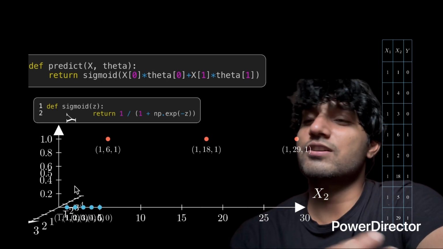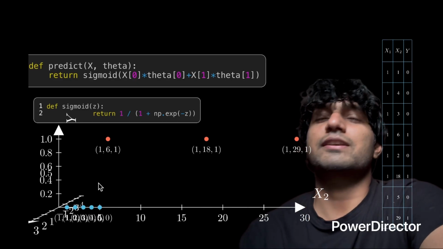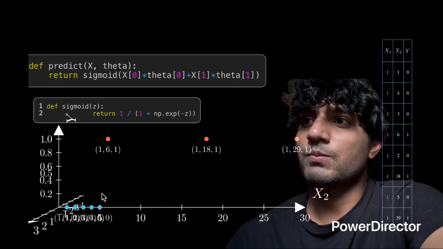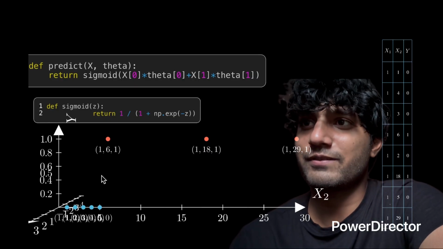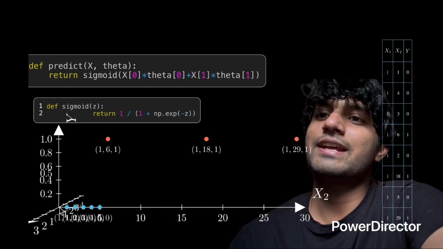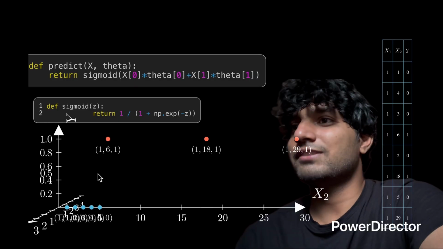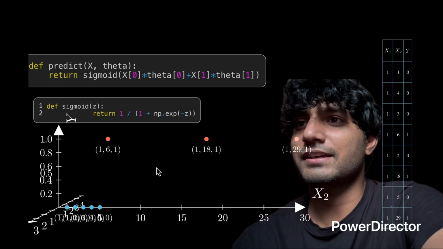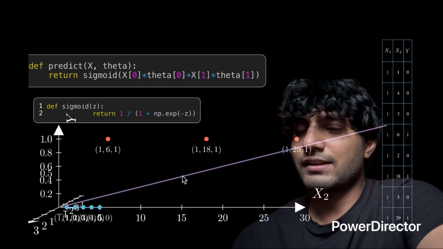Any linear function is basically a straight line, mx plus c, which you remember from our slope videos, right? So any straight or linear function will probably not fit this kind of data because it is too segregated. We needed a line which could fit these data points and these data points, with the S-shaped curve that we already saw.